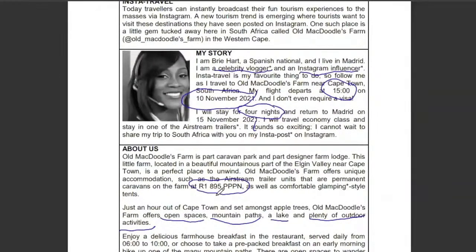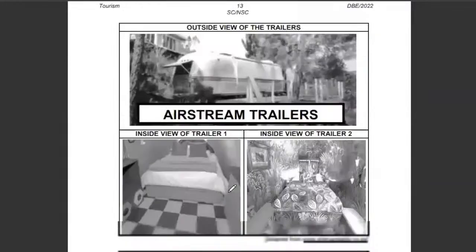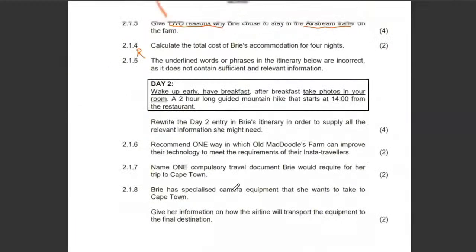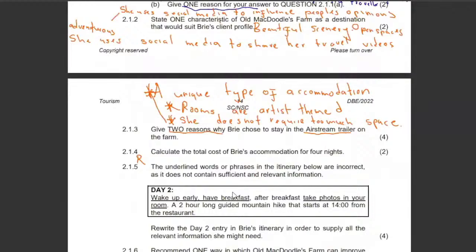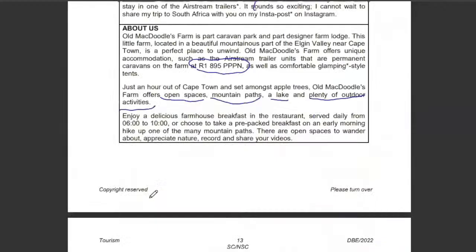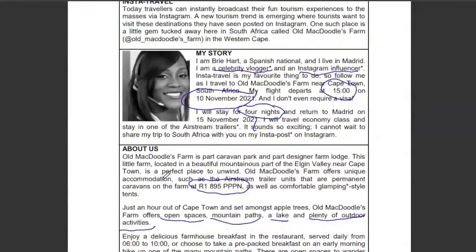The cost is 1,895 per person. Then let's look at how many nights she's going to spend there. If you go back to the scenario, you'll find that she says, I will stay for 4 nights.